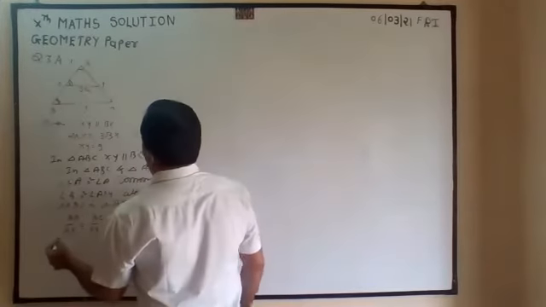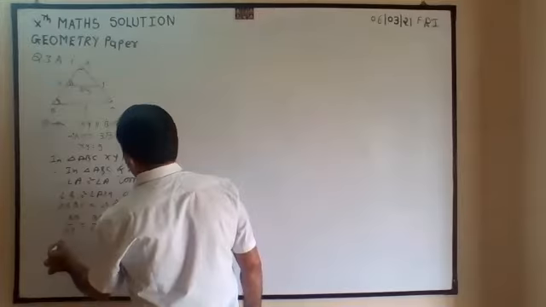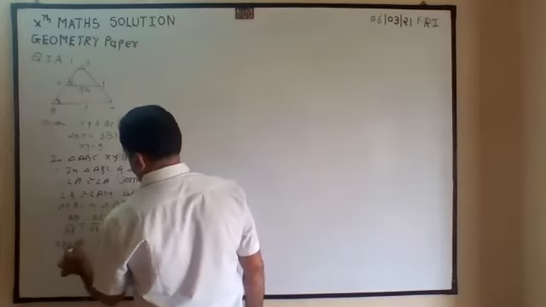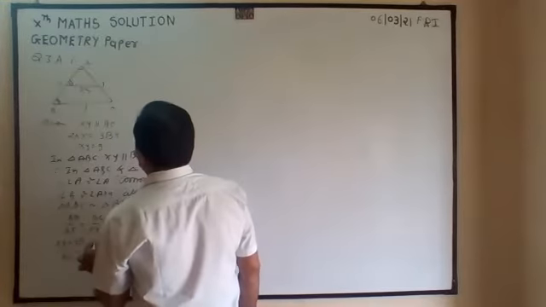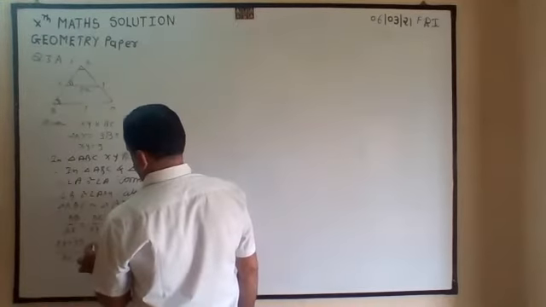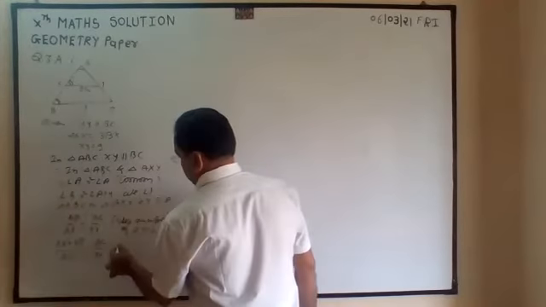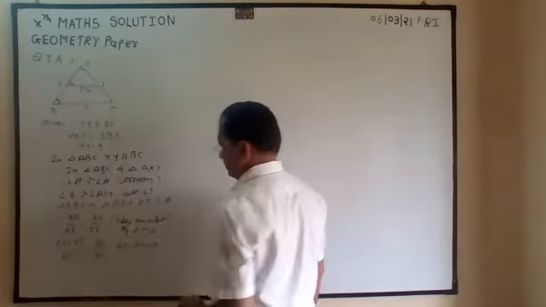Now, AB is made up of what? AB is AX plus XB. BC is not given.